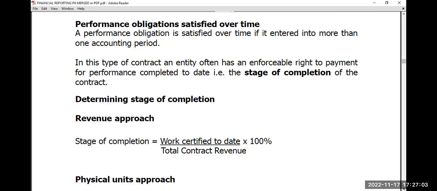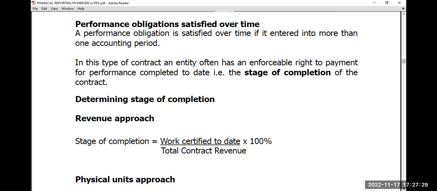And actually, this is what the other standard was looking at. Remember, this standard combined two standards. It means that this was IAS 11 that was concerned with construction contracts, those long-term items.